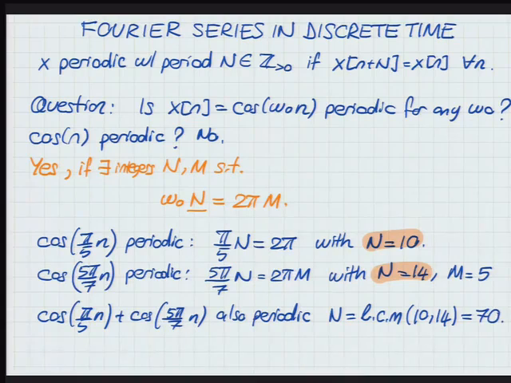One more question before we move on. Is the sum of two discrete time periodic signals periodic? I asked you this question in continuous time. Back then it was a trick question because the answer was not necessarily. I could have cosine t plus cosine pi t, where the two never met. But now think about it.